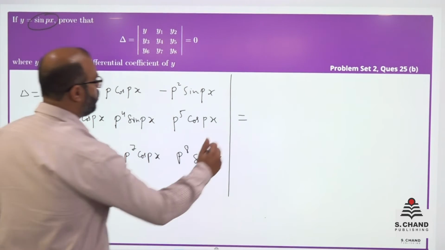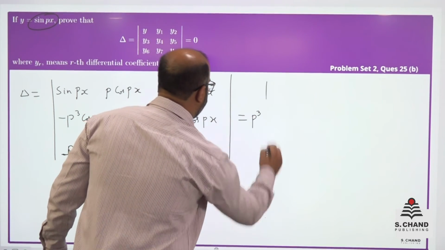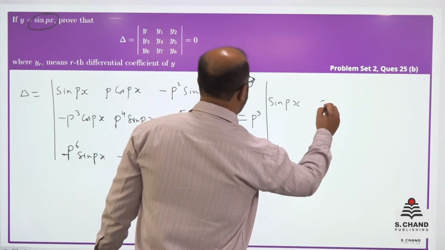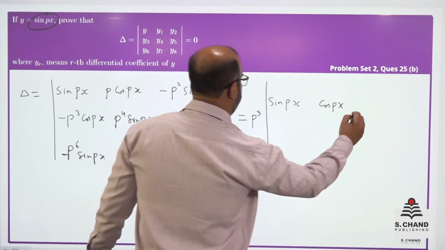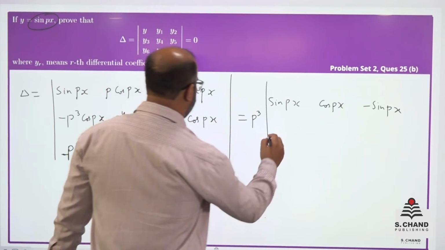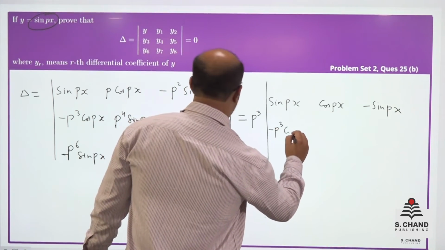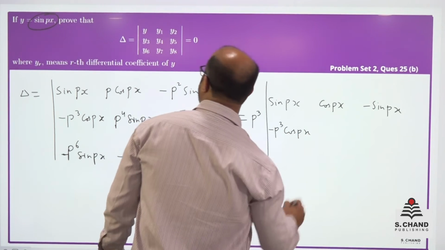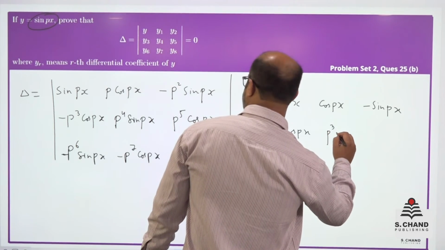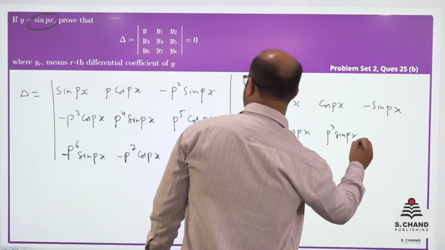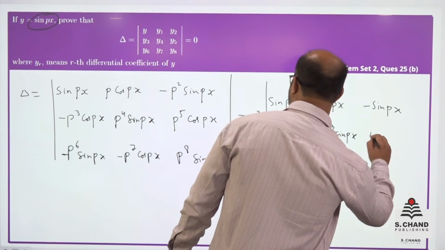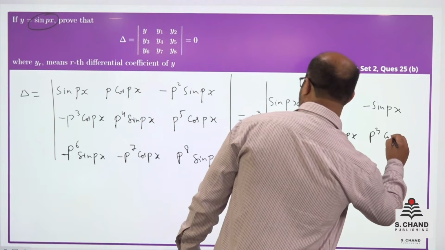So p cube will come out finally, and determinant of sin px, cos px, minus sin px, and then minus p cube cos px, p cube sin px, and then p square, p cube cos px.